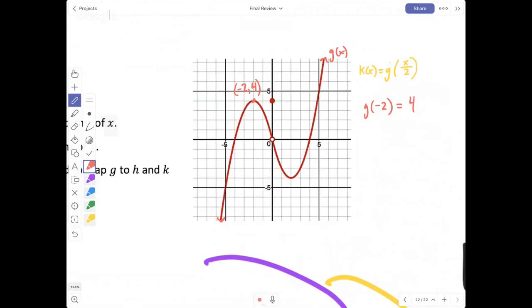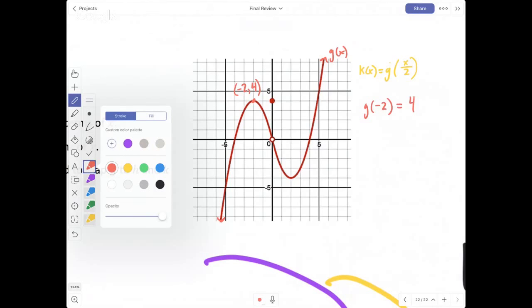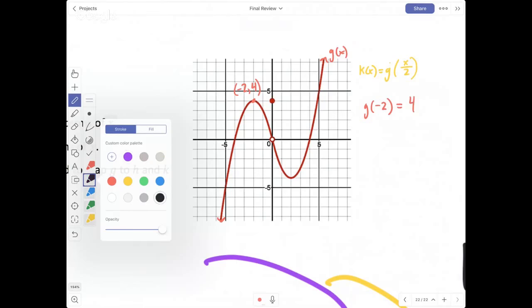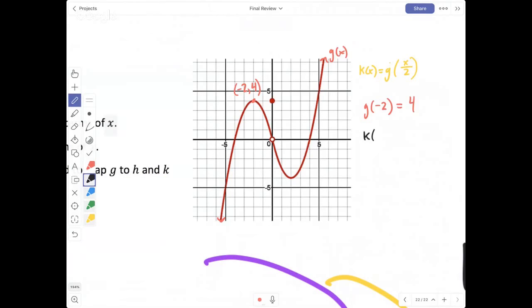So if I also know then that by definition, k of x equals g of x over 2, then I can say, all right, I want to get the input -2 into g because I know what happens. It's going to make 4.